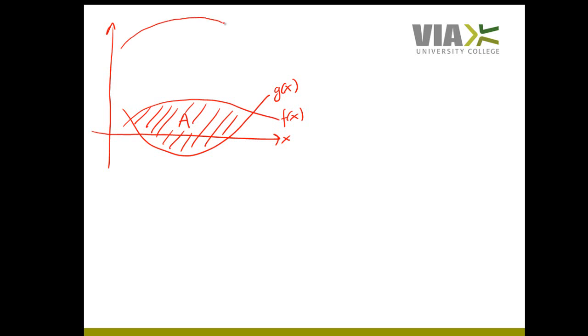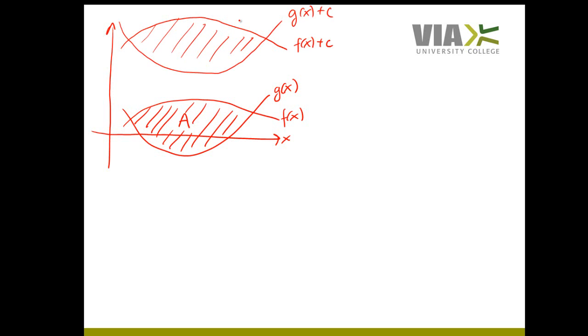It will be up here. That will be f(x) plus c, and we add the same constant to the function g(x). It will look something like this. That will be g(x) plus c. Then we will have the same area up here, and it will be in the positive region. As you can see, the area is the very same thing as the one which we have made down here.